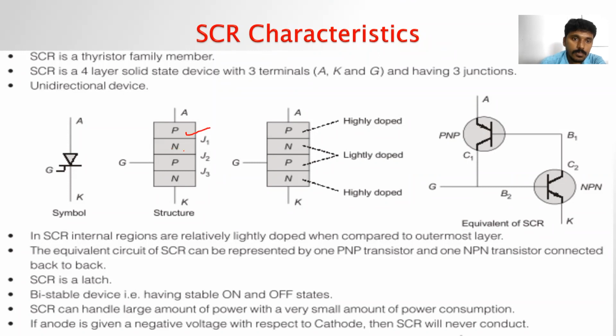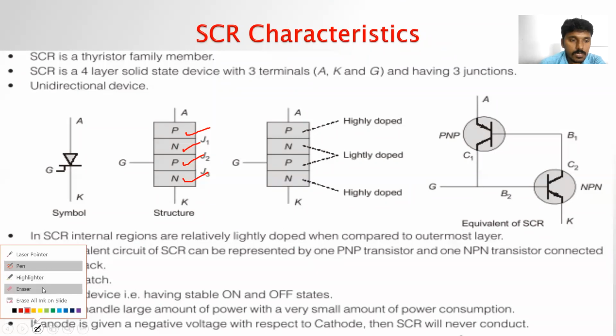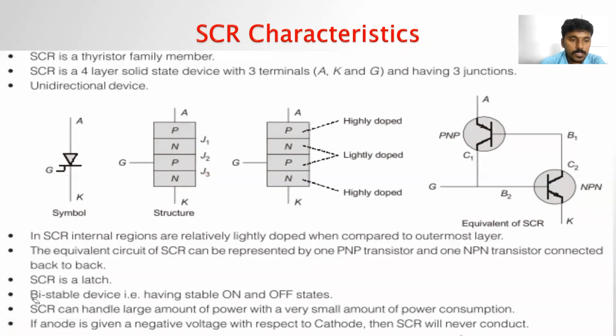P, N, P, N. Is it clear? So SCR is a 4-layer device. And how many junctions does it have? 3 junctions. Where the P and N material are attached together, a junction is formed.